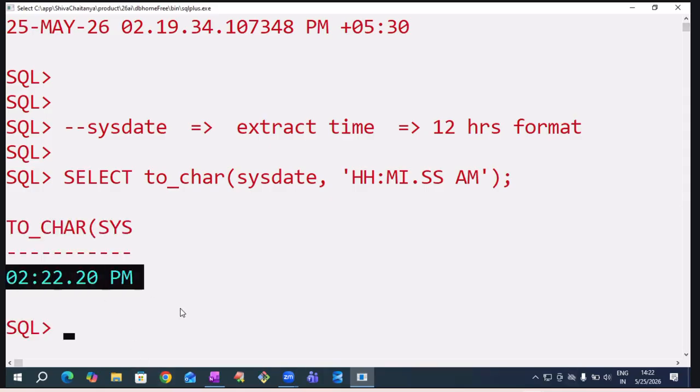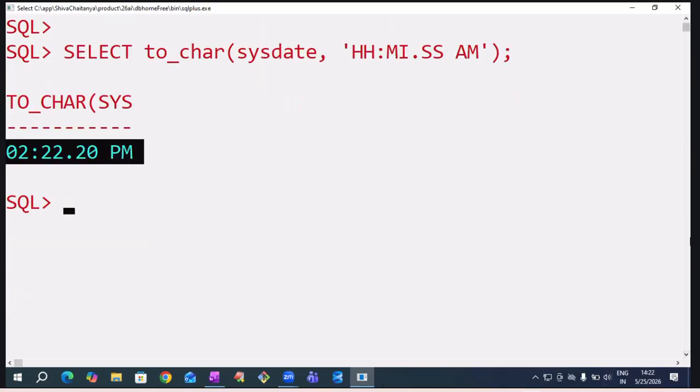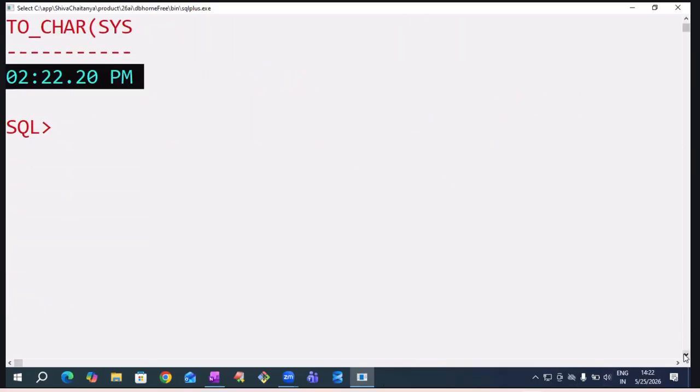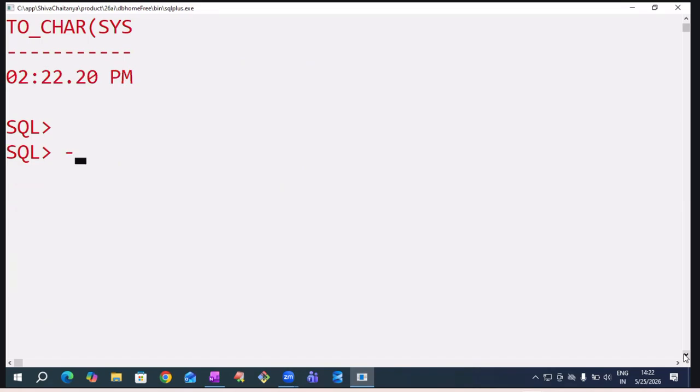I want to get time from sysdate in 24 hours format. What we need to write?